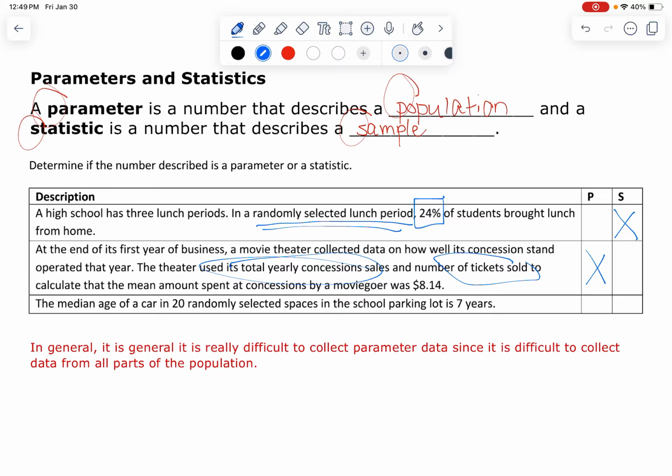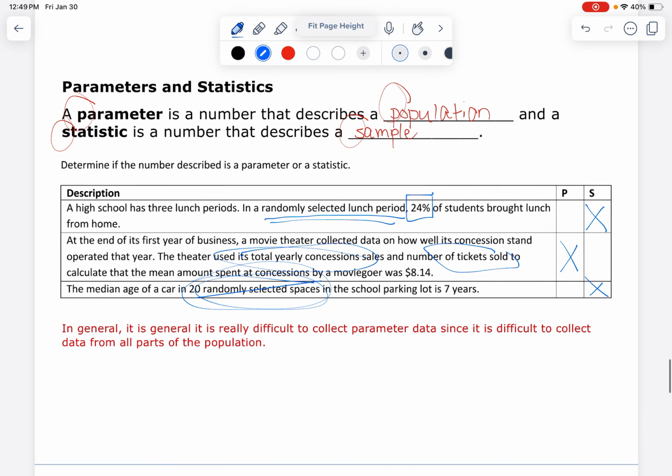All right. The median age of a car in 20 randomly selected spaces in the school parking lot is 7 years. So this, again, is randomly selected spaces, so that's a statistic.